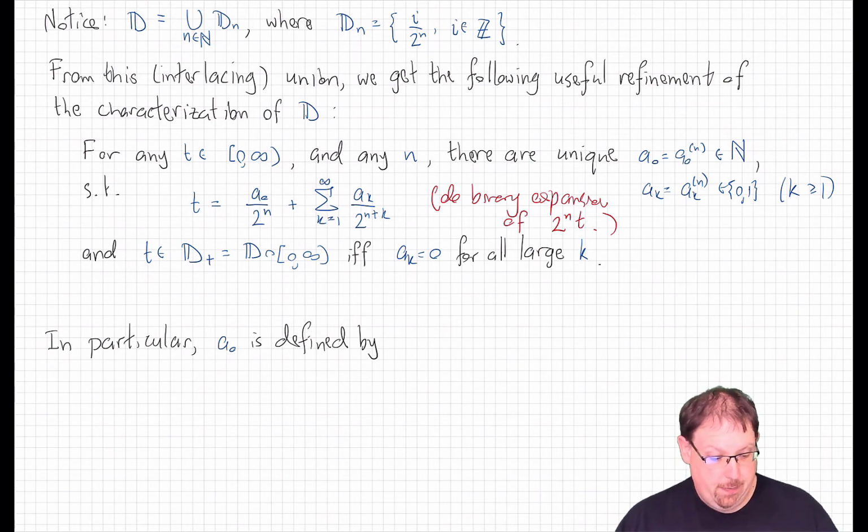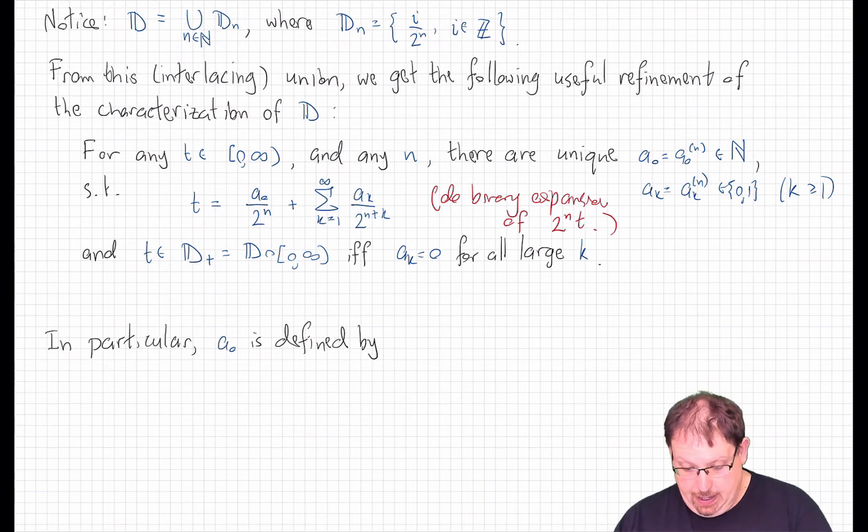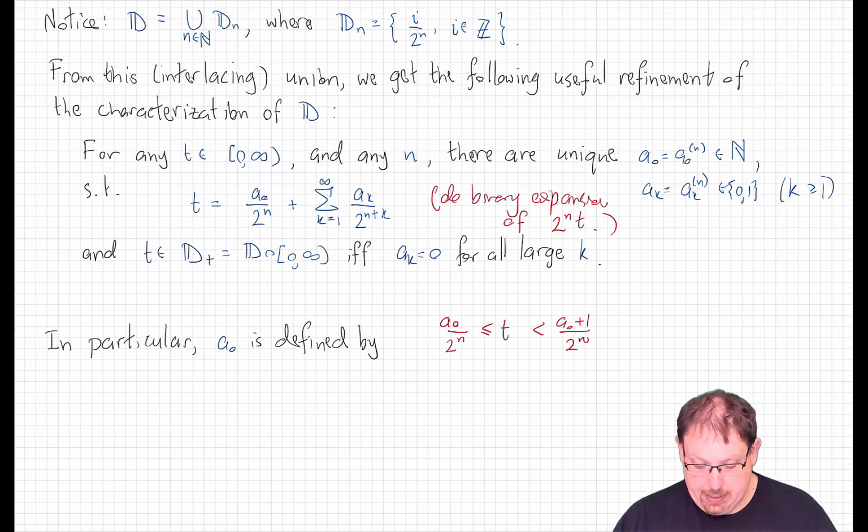In particular, we find that our number t is in between a0 over 2 to the n and a0 plus 1 over 2 to the n, where a0 is some positive integer.